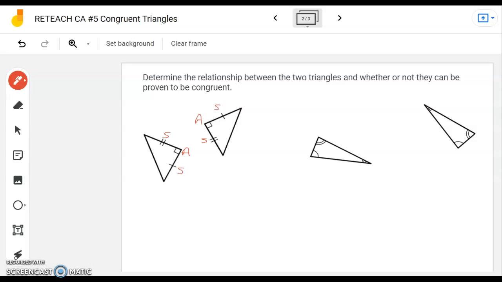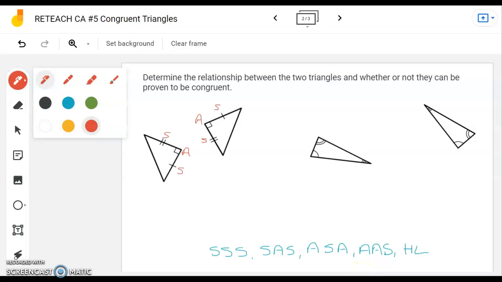If I'm trying to choose between my theorems, let me put a list down here. We have side, side, side; side, angle, side; angle, side, angle; angle, angle, side; and then we had that hypotenuse leg. So these were our 5 theorems, and feel free to go back and check the previous slide if you don't want to write them down.